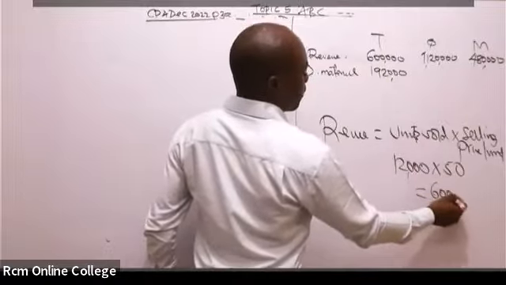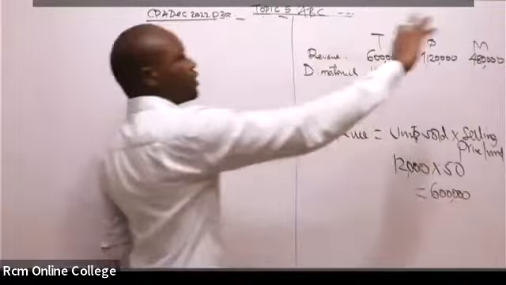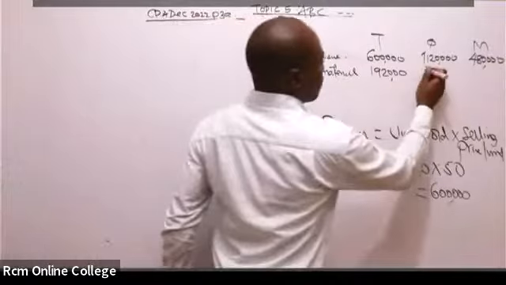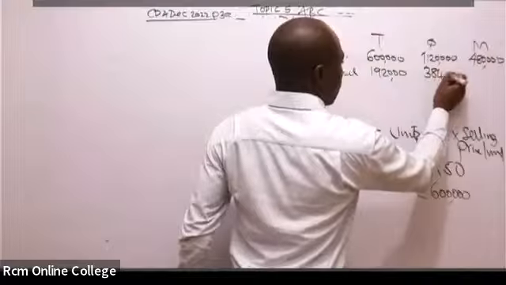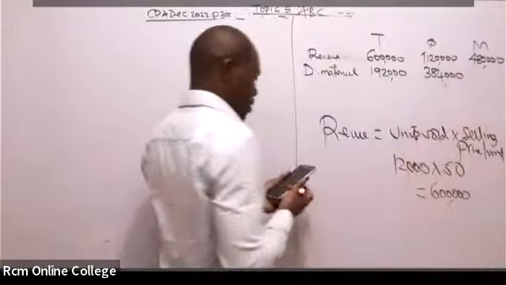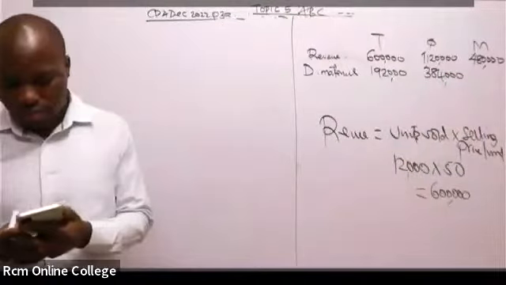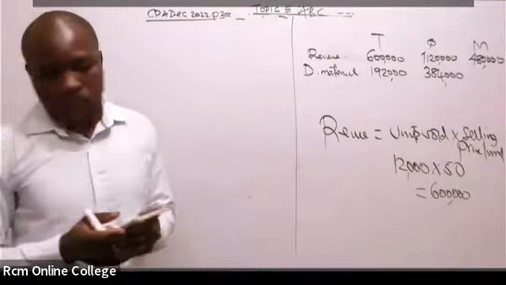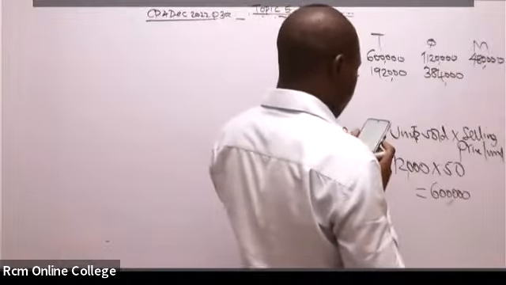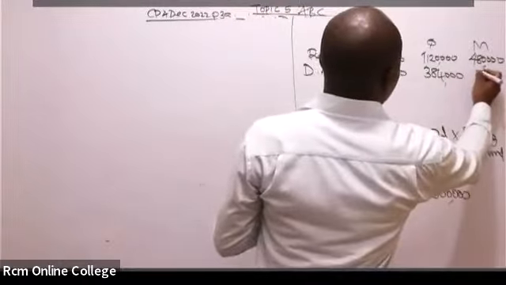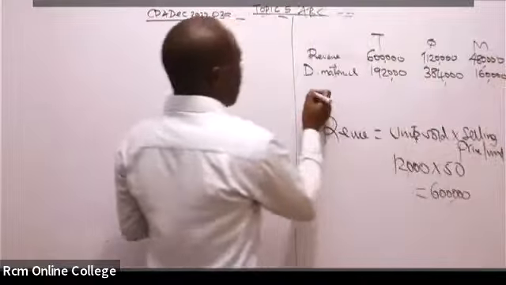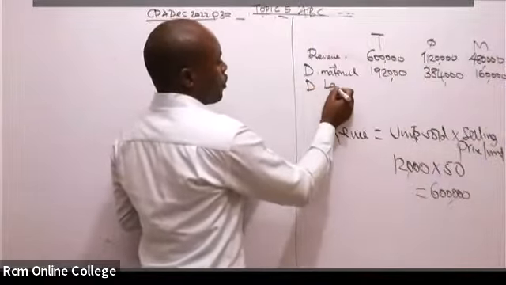That is 600,000. And the trend continues. 384,000. The last one, I'm told is 160. That is 20 by 8,000. 160,000.